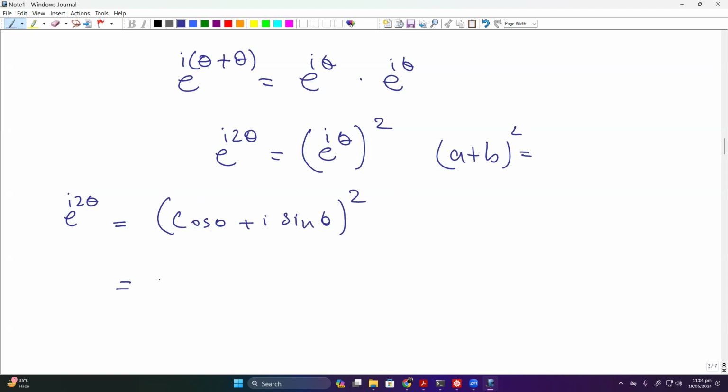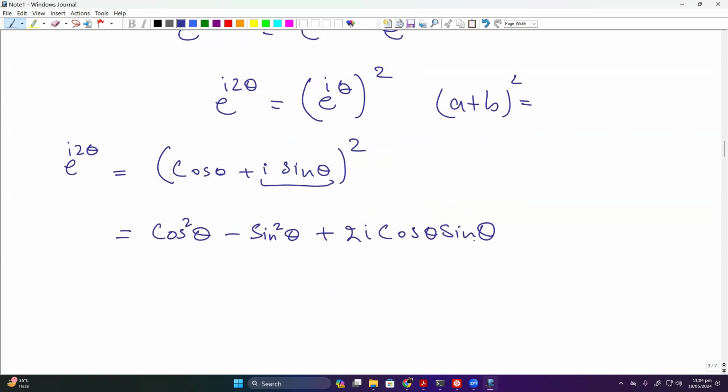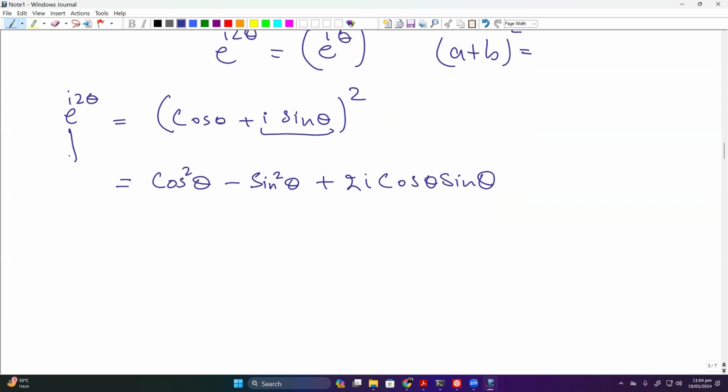So this will be equal to cos square theta plus B square. Remember this whole is B, and this has iota. So if I square iota, I'll get a minus sign. So this will be minus sine square theta, and then plus 2i cos theta sine theta. Let's open this other side.